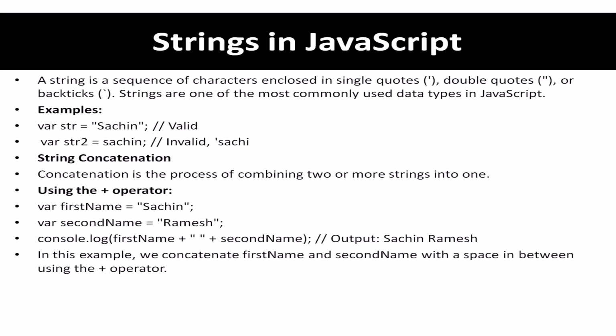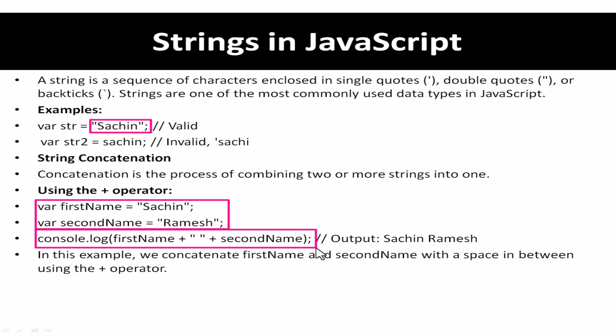Next, strings in JavaScript. Already we have seen how to represent a string. A string can be represented in double quotes or single quotes. Here we have given the first name and last name, Sachin and Ramesh. Now if you type console.log first name and second name, the output will be concatenated and shown as Sachin and Ramesh.